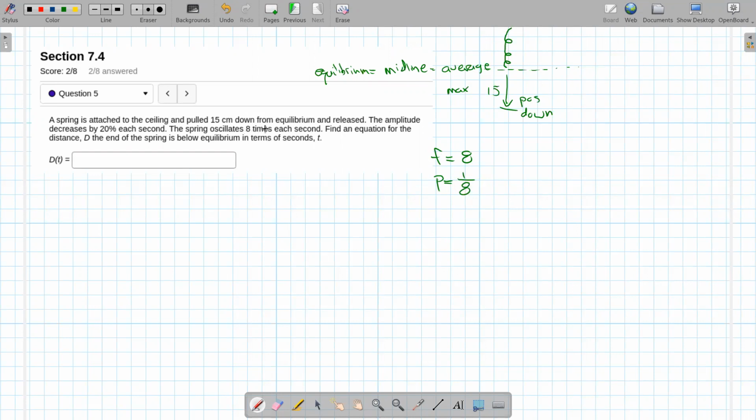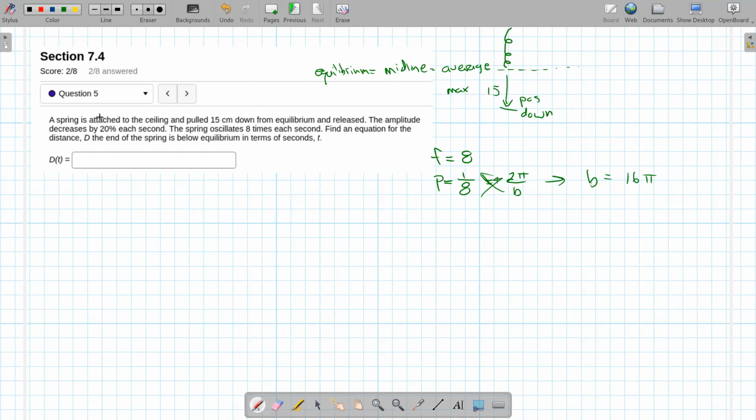So if it oscillates 8 times in a second, it makes one oscillation in 1/8 of a second. So that's my period. Consider our 2 pi over b, multiply the b up and the 8 up, and we get b equals 2 pi times 8, or 16 pi is going to be our multiplier there.